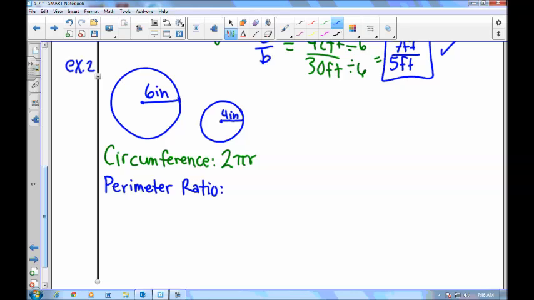Anna, 2 pi r of the large circle. What would the circumference of the large circle be? 2 pi 6. Good. So she plugs in 6, whatever the r is. Anyone else need a calculator?